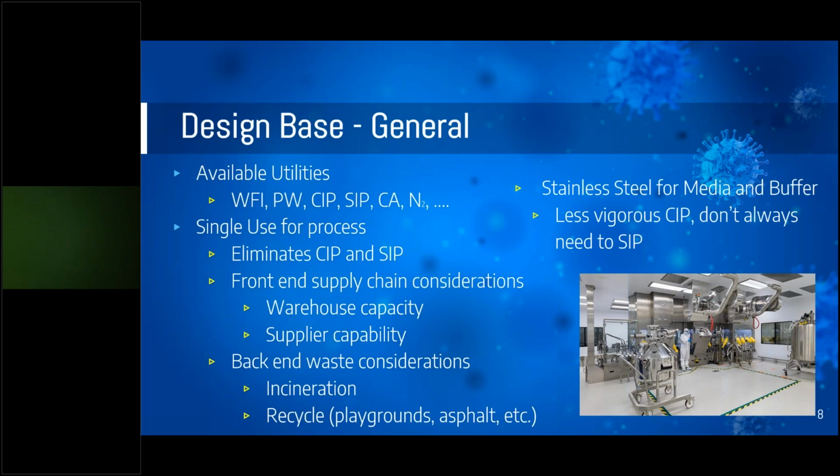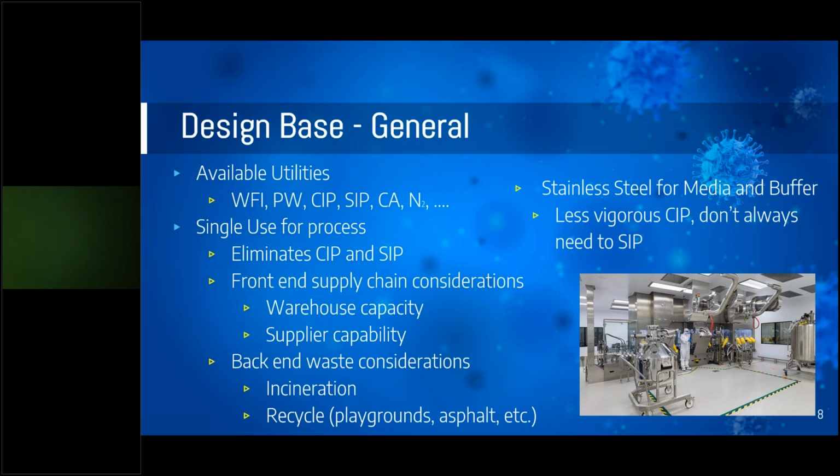That will significantly speed up your timeline, not only in any startup and qualification aspects, but during the production batches themselves. So you don't need to qualify any of your CIP equipment or any of your extensive steam systems. You don't have to rigorously test your process equipment to make sure it's cleaned and sterilized between batches and have any of that downtime.